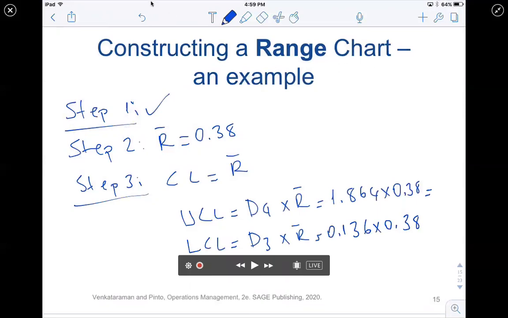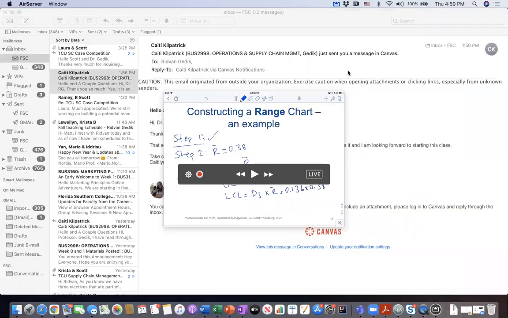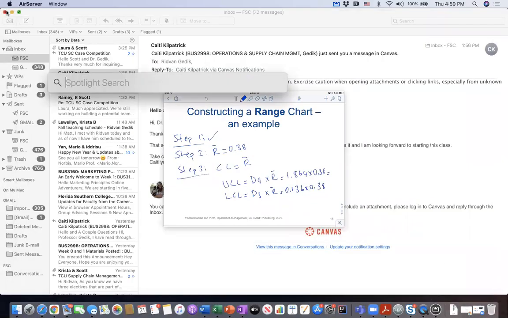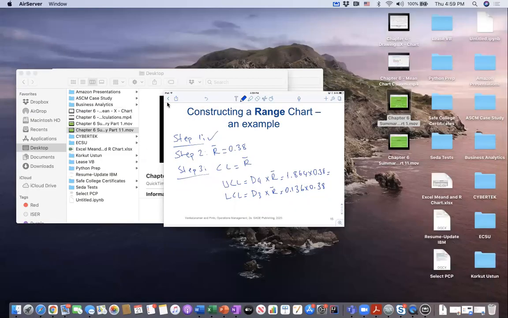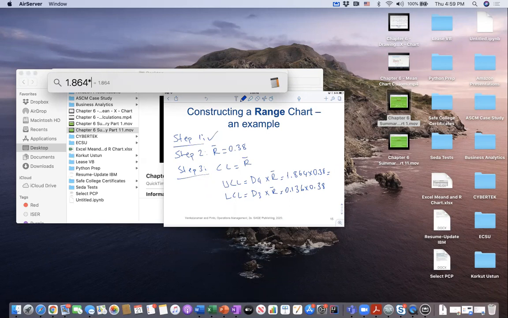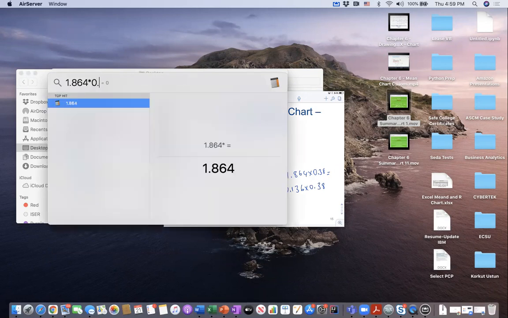I'll do the math very quickly here. 1.864 times 0.38, that is 0.708.